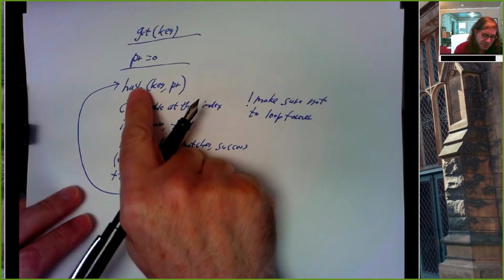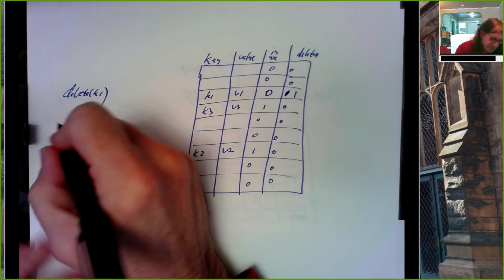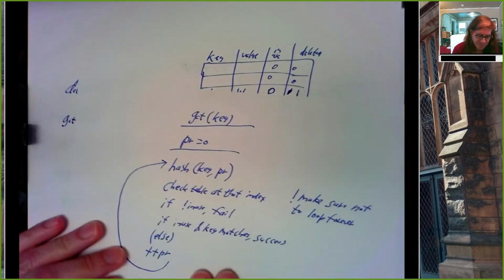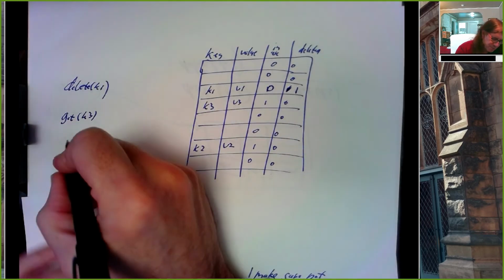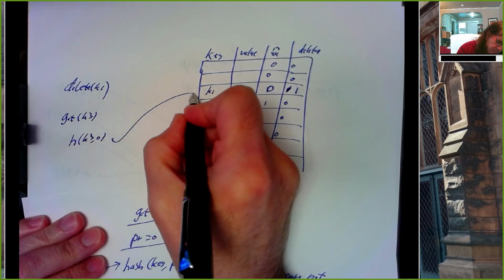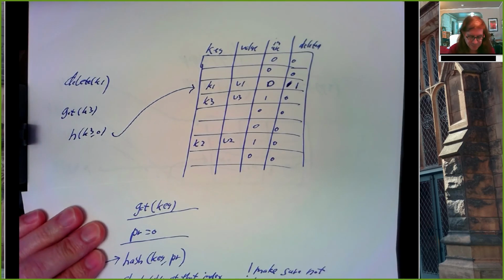Now when we do our get, so let's say we want to get K3. So you're going to hash K3 with a probe of 0, which is going to point us here.